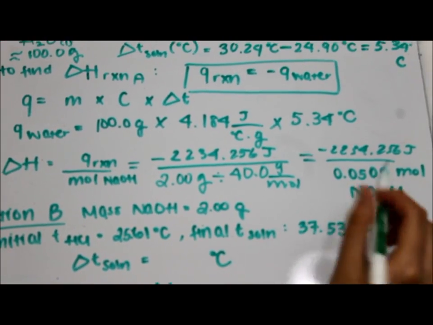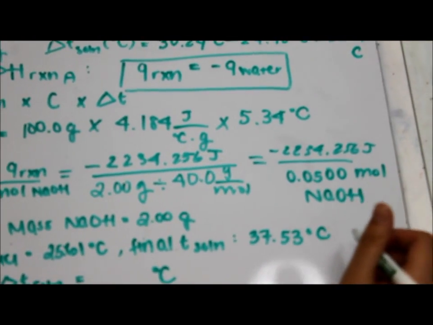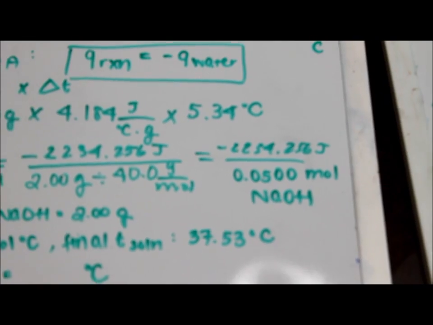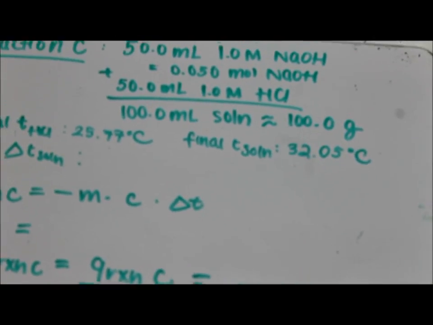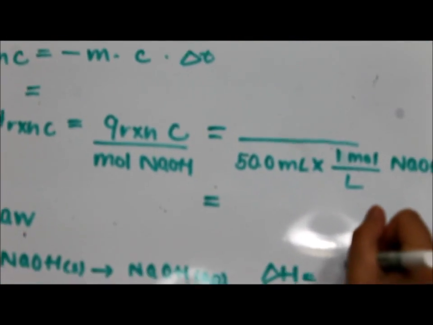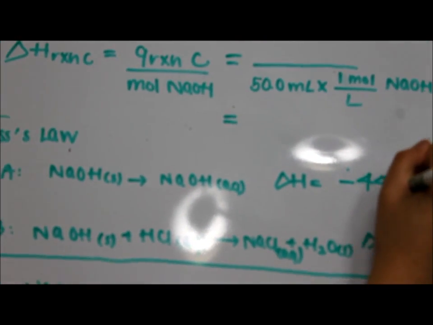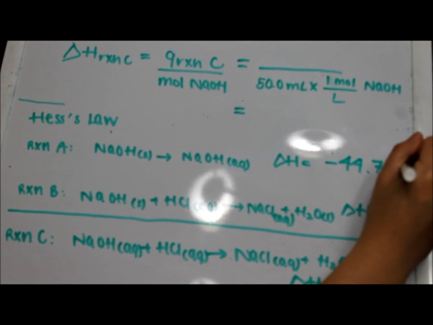Once the calculations are done, we will find that the heat of reaction A is approximately this many kilojoules per mole.